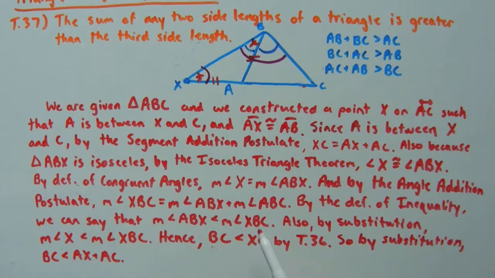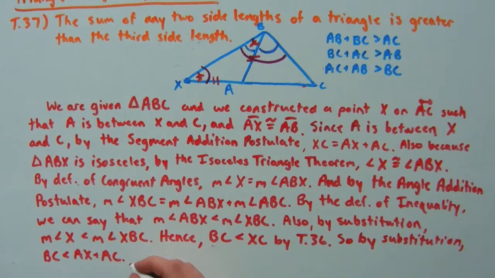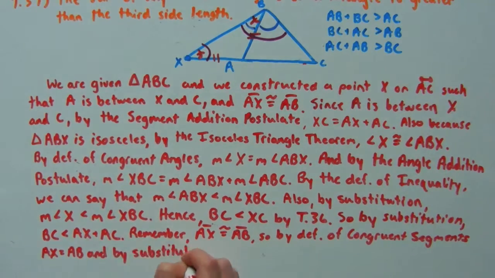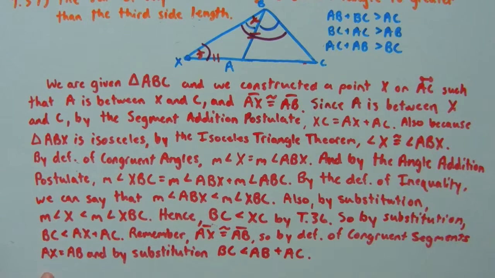So let's substitute AB in for AX. So since AX is equal to AB, by substitution we can say that BC is less than AB plus AC.